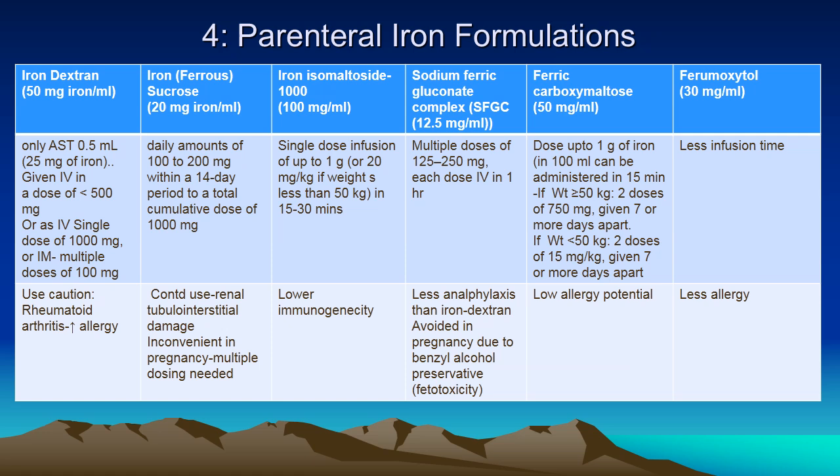It is considered to be avoided in pregnancy due to benzyl alcohol preservative, which is found to be fetotoxic. Ferric carboxymaltose is one drug which can be given either as a single dose or in two split doses, and it also has low allergic potential. And ferromoxytol can be given as a single dose, and there is an extremely low incidence of.